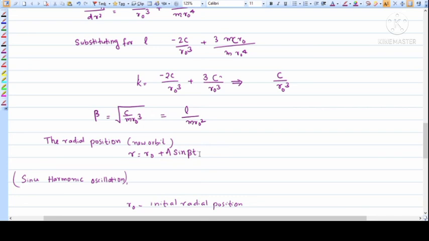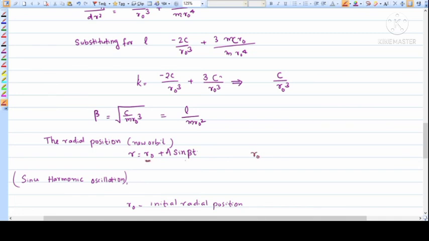Since this is the radial motion, this is a harmonic motion, so you can find the value of R in terms of a sin beta t plus b cos beta t, and I have omitted the term b cos beta t, since here we know that the initial position is r0.